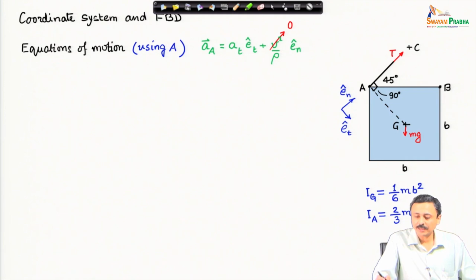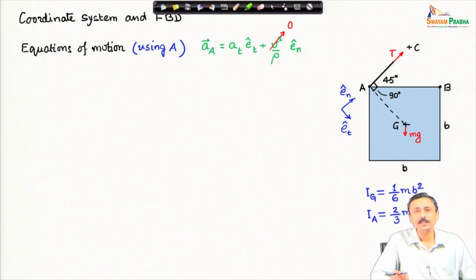Acceleration of point A: because A is a point at the end of this wire CA, and C is a fixed point, this point A, if it has to move, will move in a circular path. Therefore, I have taken this tangent normal system aligned with that path.